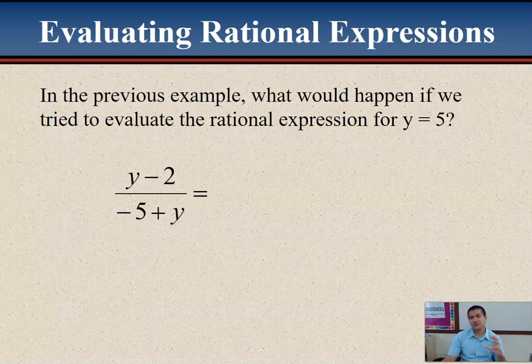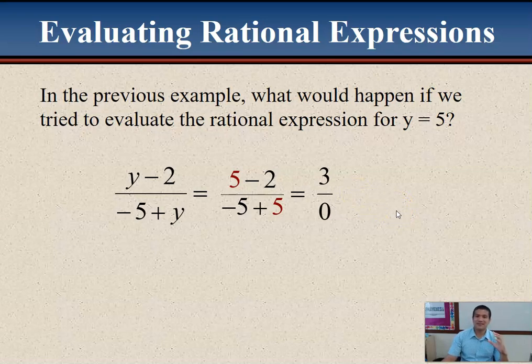Now we will use the same expression, but the value of y is equal to 5. What will happen to the rational expression? What will happen to our solution? As we observe, the denominator is now equal to 0.